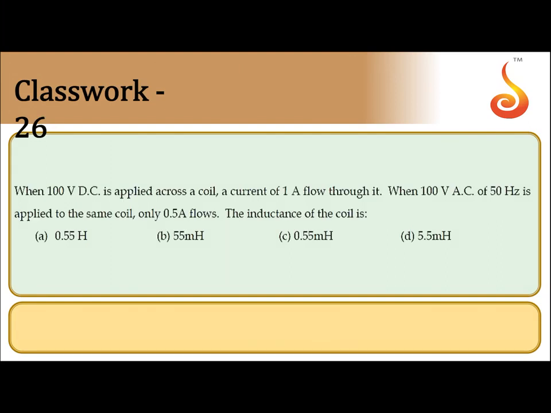When 100 volt DC is applied across a coil, a current of 1 ampere flows through it. When 100 volt AC of 50 hertz is applied to a same coil, only 0.5 ampere flows. The inductance of the coil is.